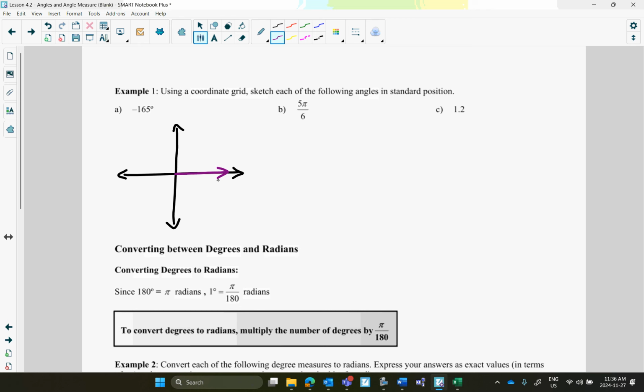How much have I measured now? 90. So how much more should you go? Is it going to be in here? But where? Closer to 180, right? So you're probably going to be somewhere around here. So this would be negative 165 degrees.